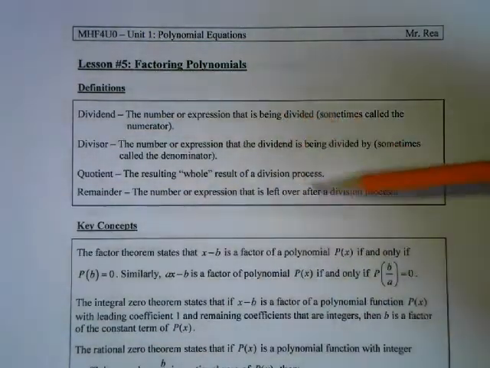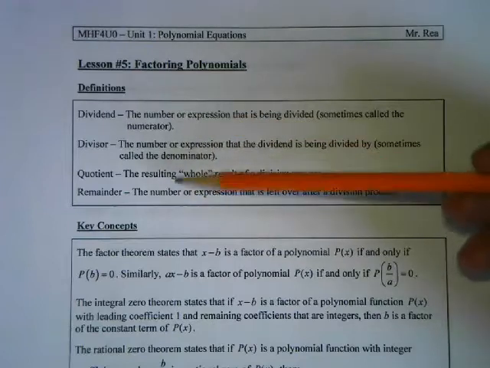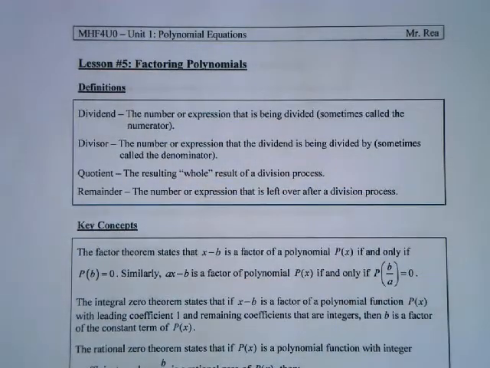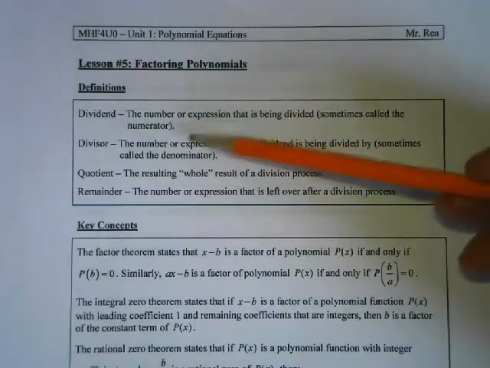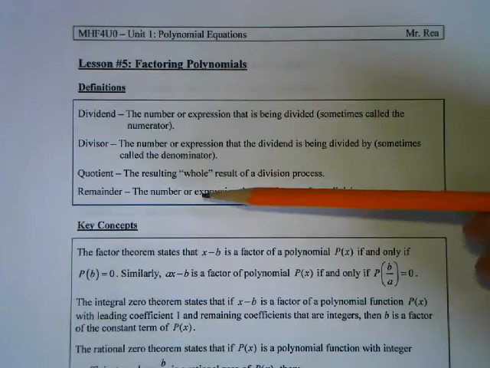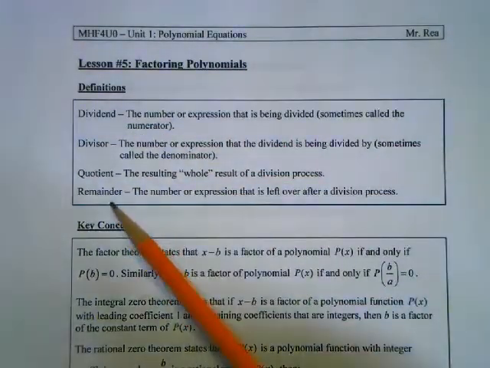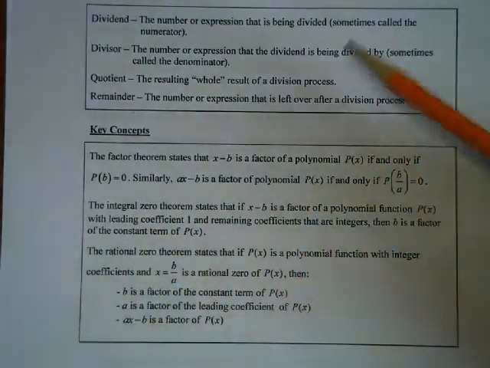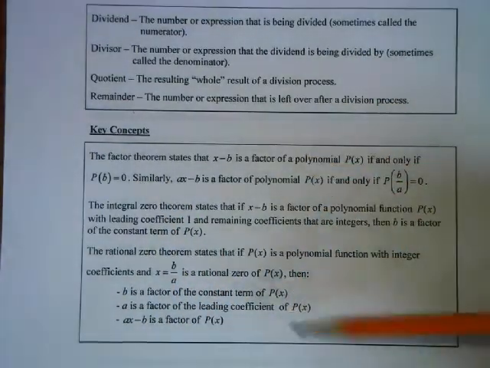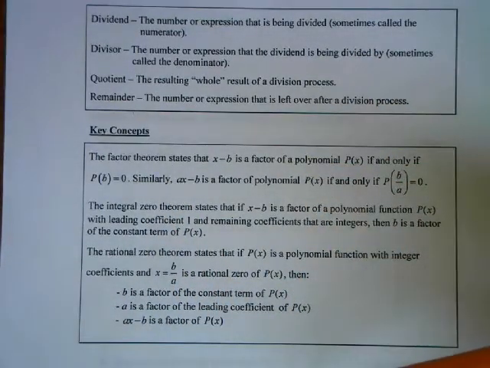So the definitions here, you've seen these at the last lesson when we did dividing polynomials, either through the long division method or through synthetic division. So just a reminder of what those are. Now, I was just looking at the key concepts here. I basically took this from our textbook, and I got to admit it's a little confusing.